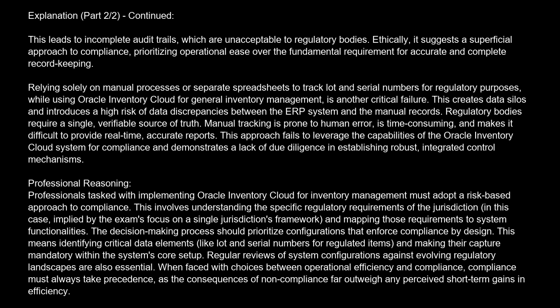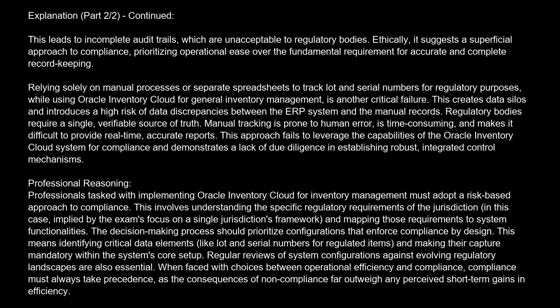Relying solely on manual processes or separate spreadsheets to track lot and serial numbers for regulatory purposes, while using Oracle Inventory Cloud for general inventory management, is another critical failure. This creates data silos and introduces a high risk of data discrepancies between the ERP system and the manual records.